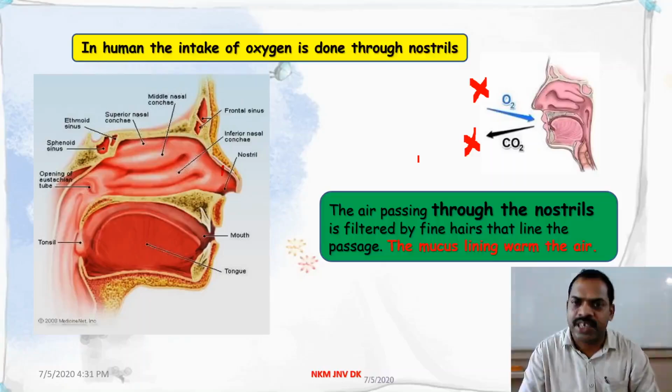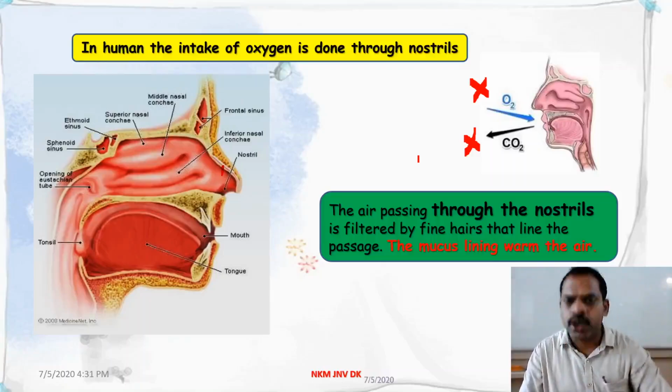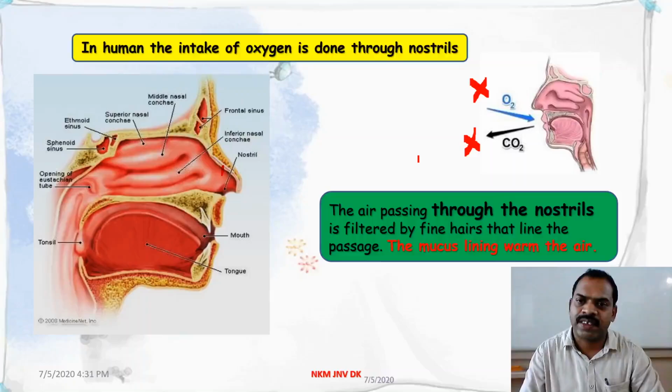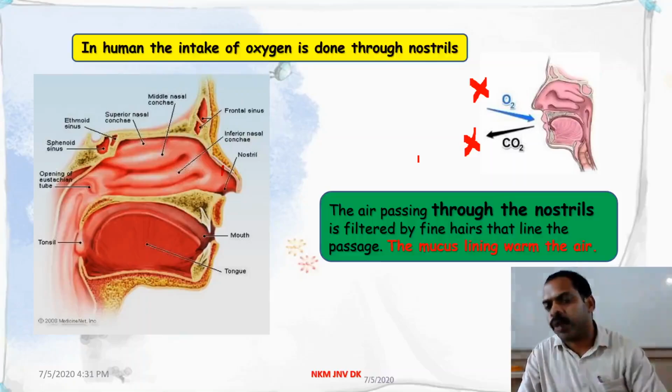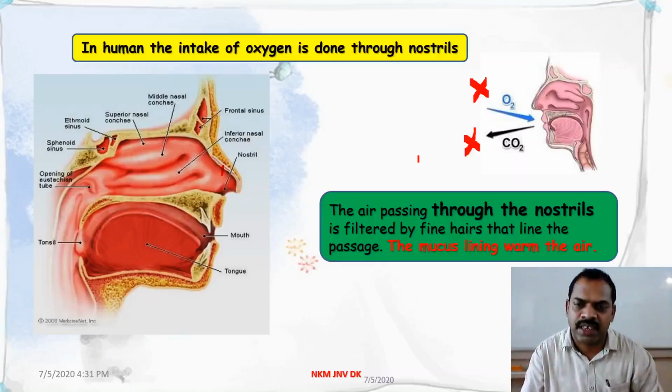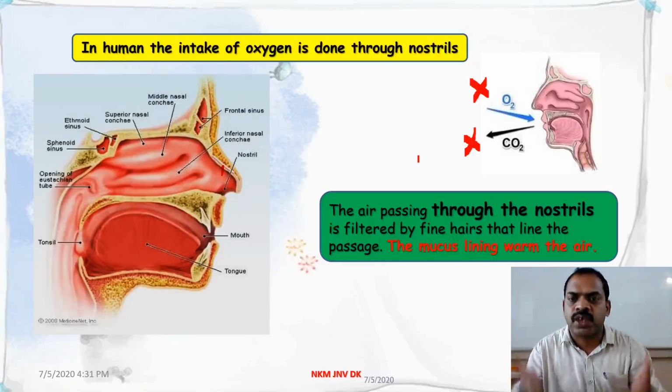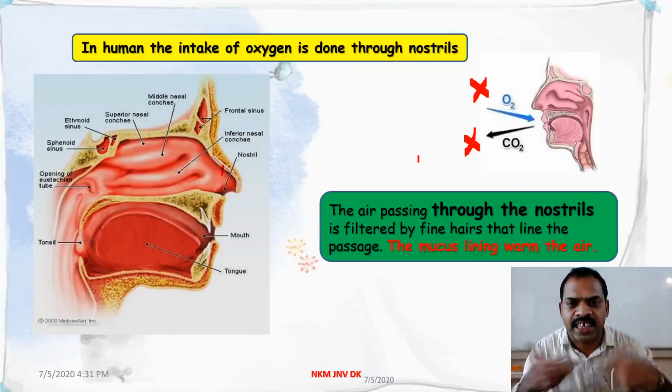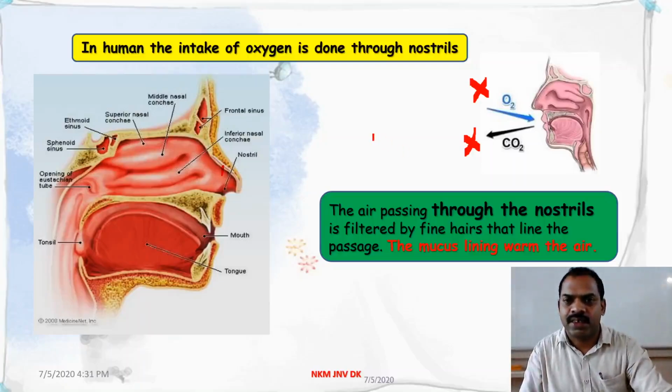But we utilize only oxygen in our lungs, and not completely, and release carbon dioxide. All the other air comes out with less oxygen and more carbon dioxide. So what we have to relearn is that we take in air rich with oxygen and release air with less oxygen and more carbon dioxide, exhaling. Got it?